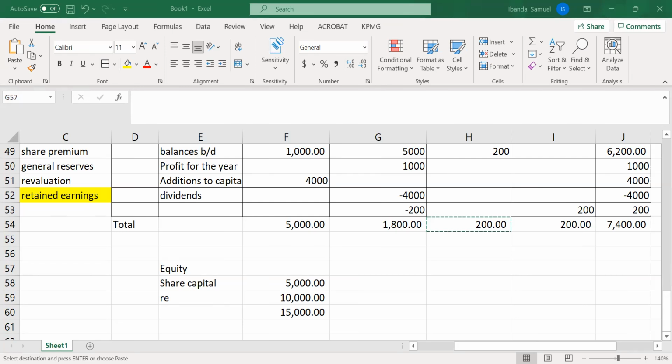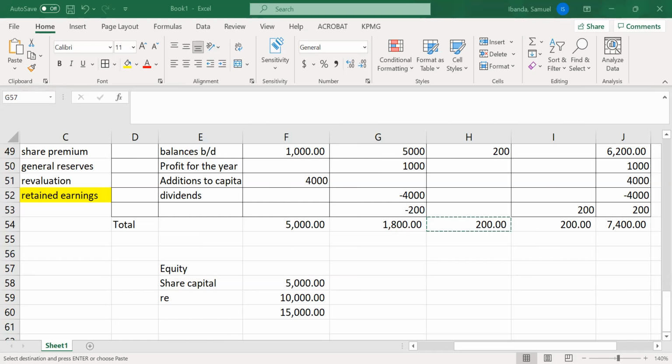Now, one thing that we need to understand is when it comes to the revaluation, we are basically revaluing our assets. Revaluation of assets also happens for the private sector where we don't have partnership, but it's more of assets increasing their value. So if, let's say, motor vehicles at 2 million, it can be revalued maybe to 3 million.